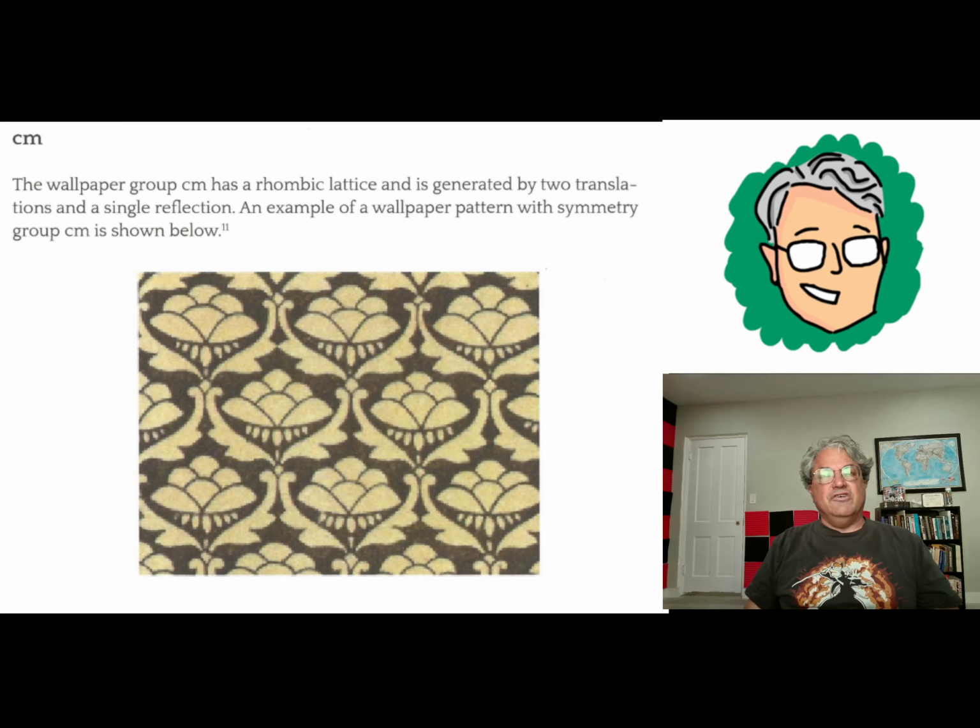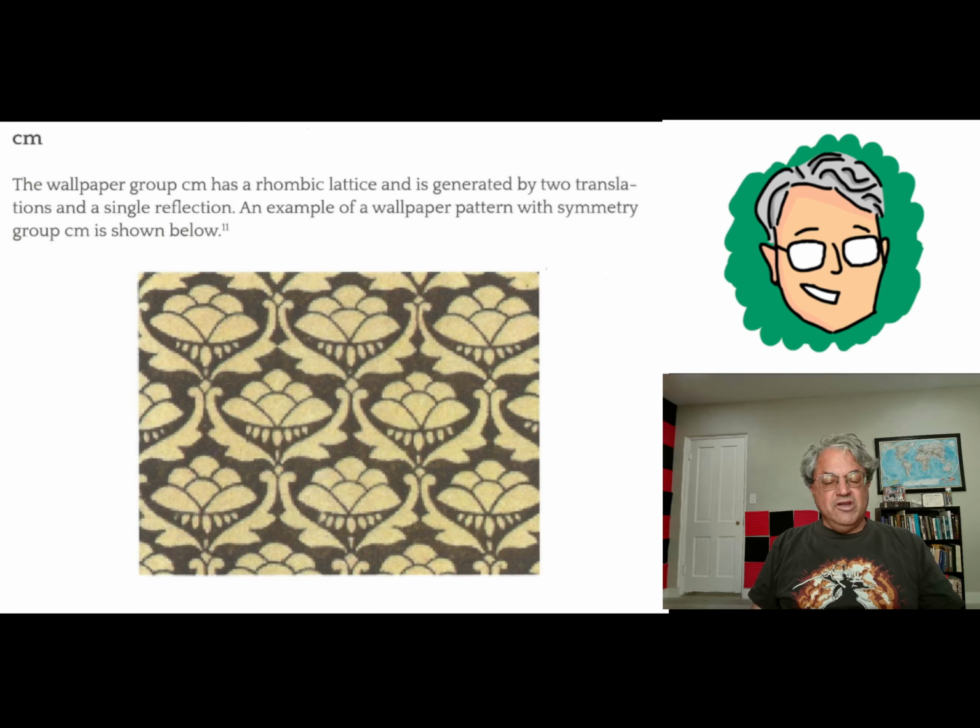I think they call this the fundamental region of this lattice a rhombus, and I think you guys know that a rhombus is a quadrilateral with sides of equal length. They don't have to have equal angles like a square, but they do have to have equal length. And that's the case for the lattice of this particular wallpaper pattern.